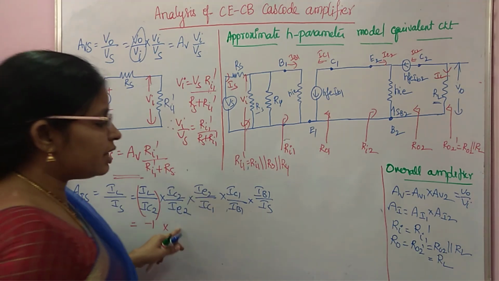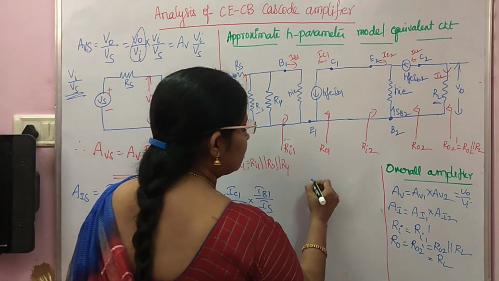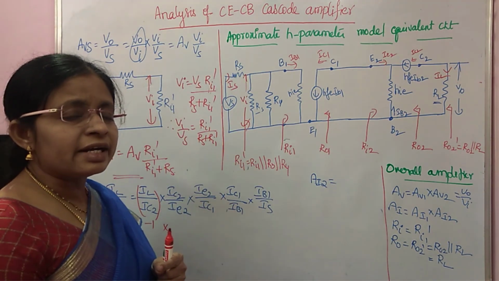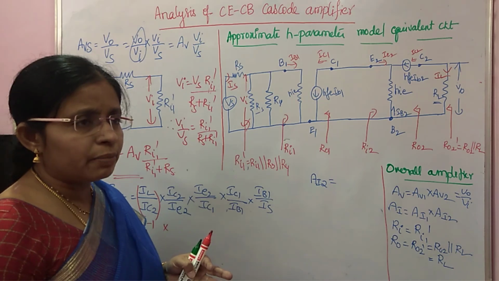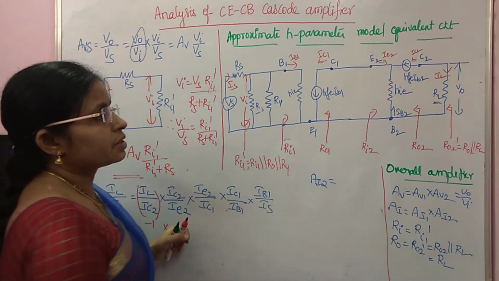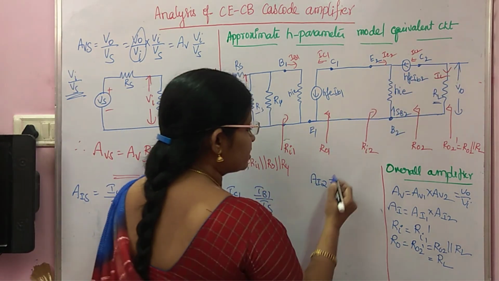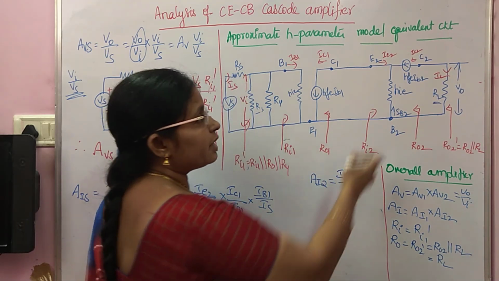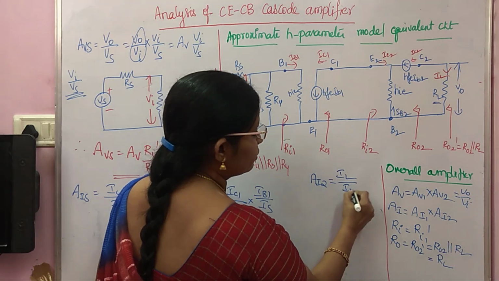So what is actually AI2? Tell me what is AI2? Output current of the second stage divided by input current of the second stage. What is the output current of the second stage? IL, divided by the input current of the second stage, IE2. Fine.